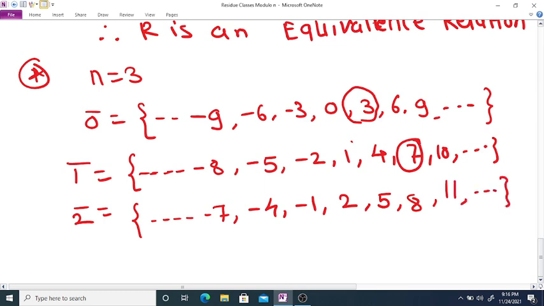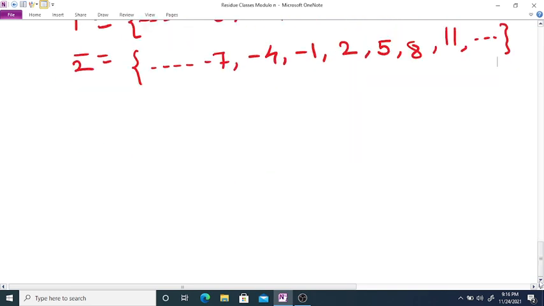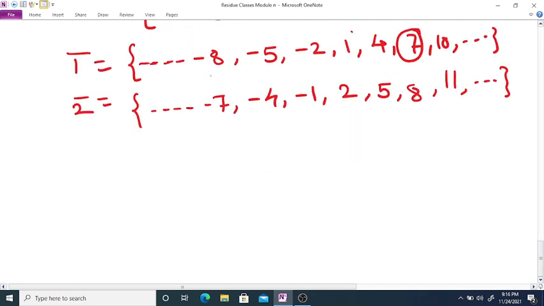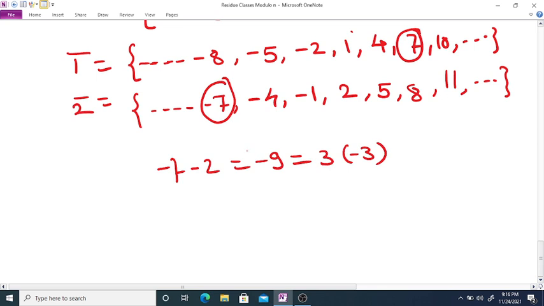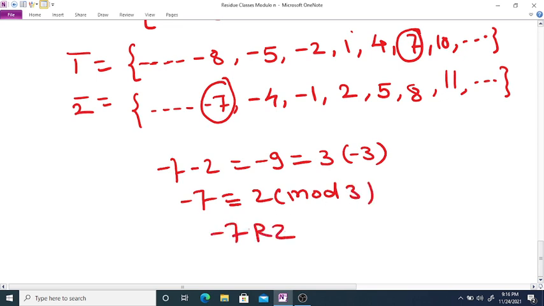All these integers are related to 2 bar. Because if we take minus 7 minus 2, that is minus 9, which is a multiple of 3, namely 3 times minus 3, therefore minus 7 is congruent to 2 modulo 3, and we can say that minus 7 is related to 2, or 2 is related to minus 7.